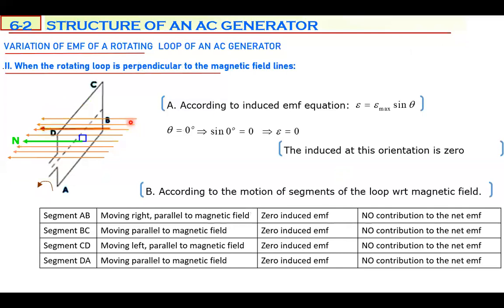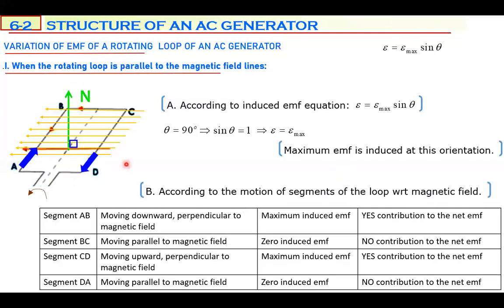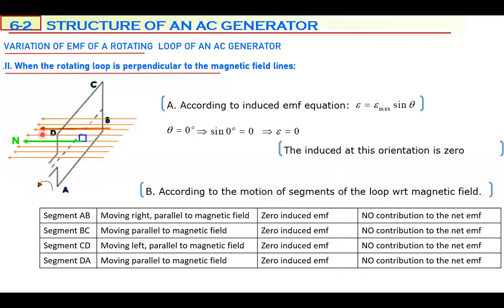Of course, this loop will continue rotating and will take this position sometime later, when the loop becomes perpendicular to magnetic field lines, but the normal becomes horizontal. So the angle between the normal line and the magnetic field is zero. Sine zero is zero, which means the induced EMF at this orientation is zero.